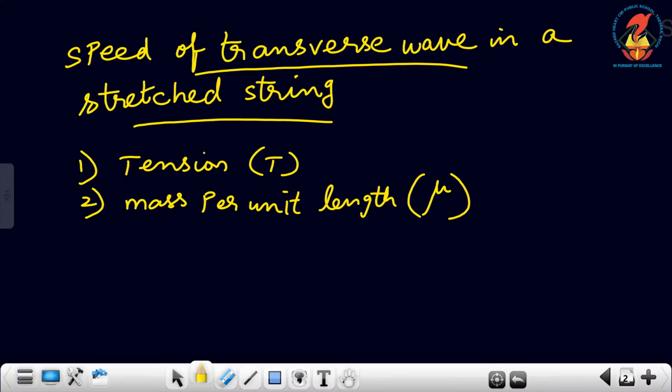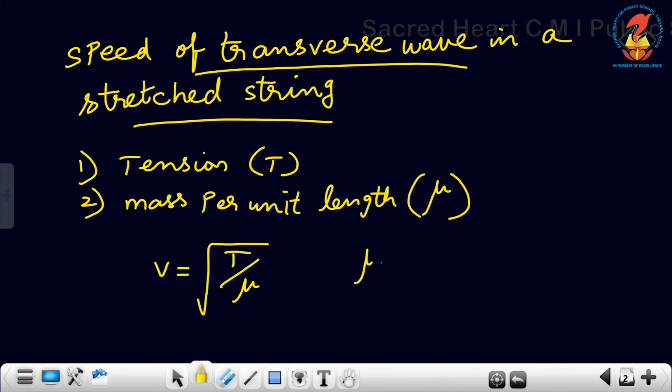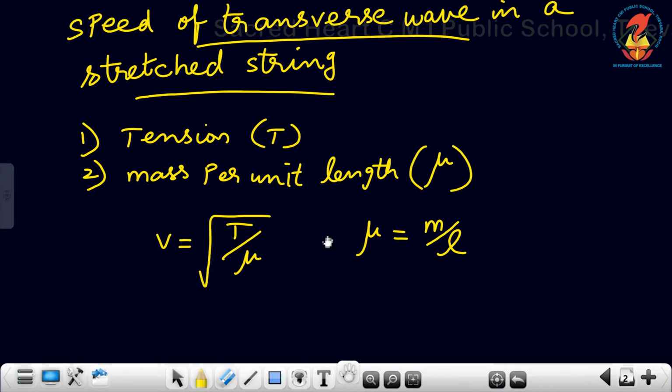So, I will be writing like this: V is equal to root of T by mu, and mu is equal to mass per unit length.